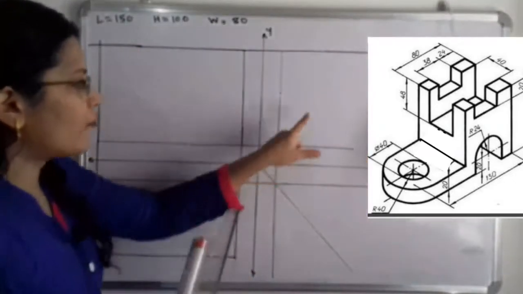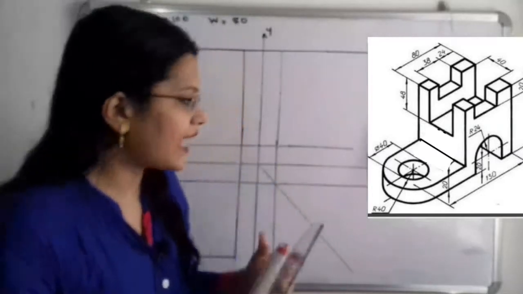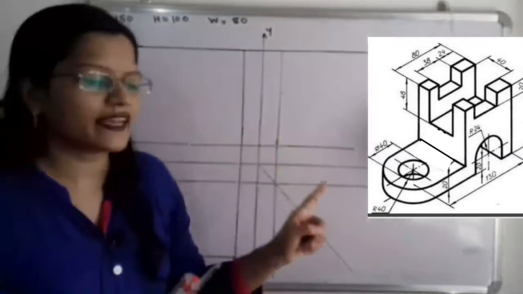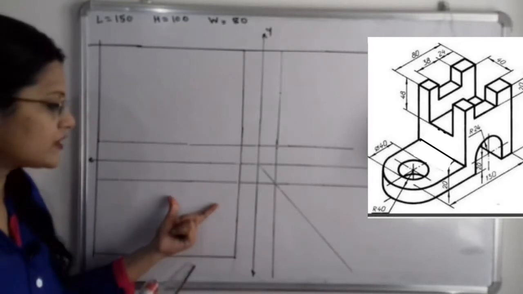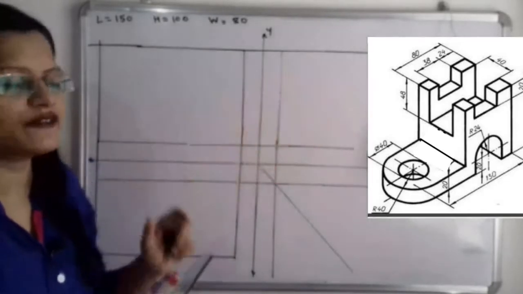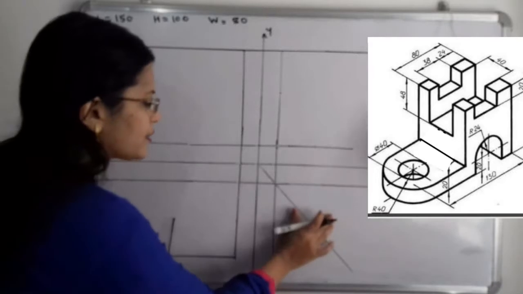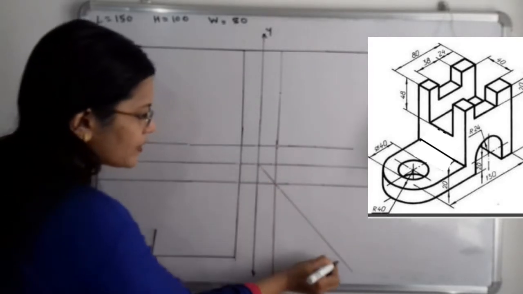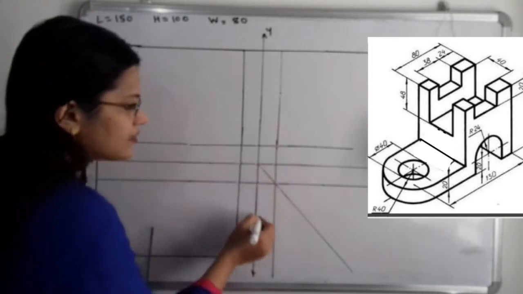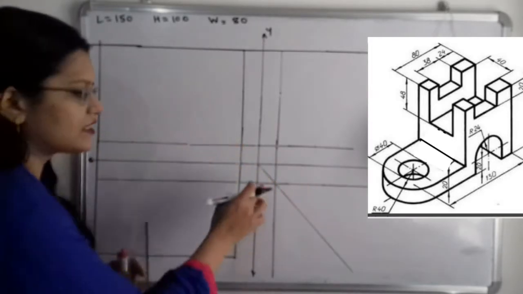Now what about the width? We can directly select the width, or we can take the projection from the top view. So how to take the projection from the top view to the side view? Here is the remaining fourth quadrant. Take the line that splits this fourth quadrant into two parts, that is 45 degrees.